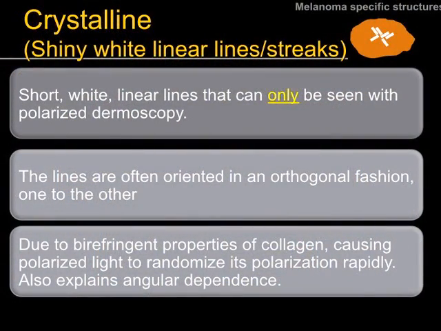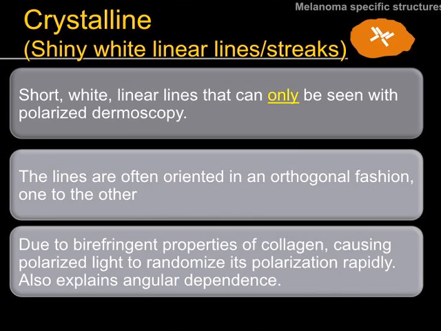Okay, the next structure, which again doesn't define the lesion as melanocytic, but has implications, is the crystalline structure. These are your short white lines that can only be seen with polarized light. The structure represents collagen, and the reason you can only see it with polarized light is that it's sitting deeper in the skin, so with standard dermoscopy, the light's just not getting there.